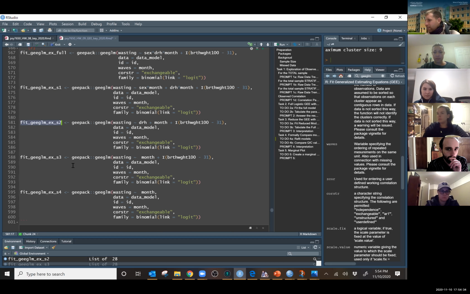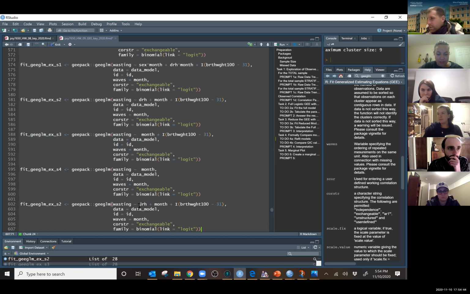If you wanted to try this one really quick, it's not the best model, but it has the most significance: sex times diarrhea plus month times the centered birth weight. Okay, now once we start doing this, this is where the poking becomes maybe too much. You should always be guided by theory. Is there any biological reason why boy and girl babies having diarrhea has a differential effect on wasting disease?